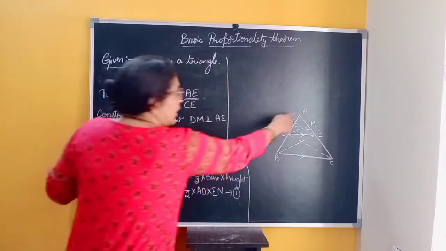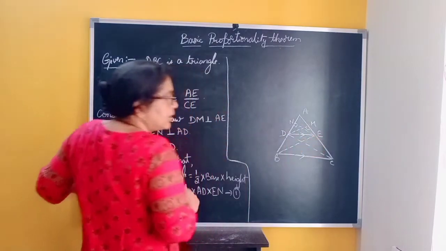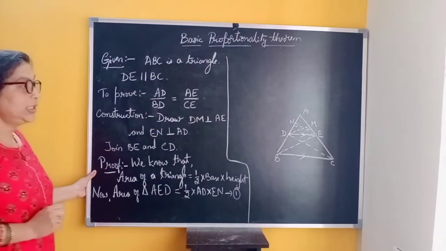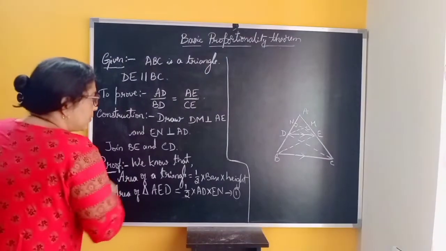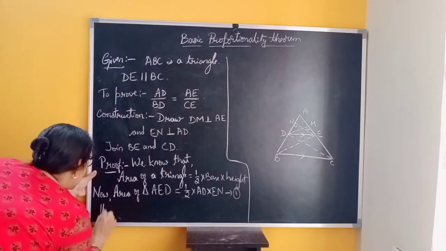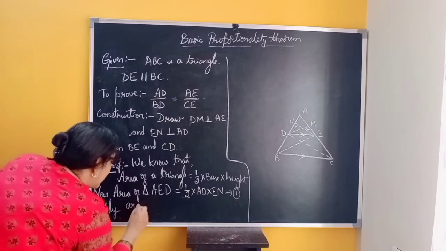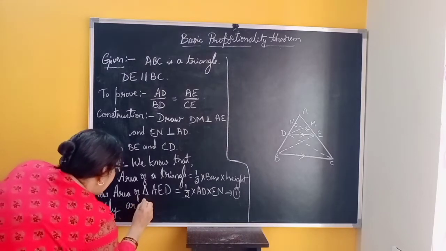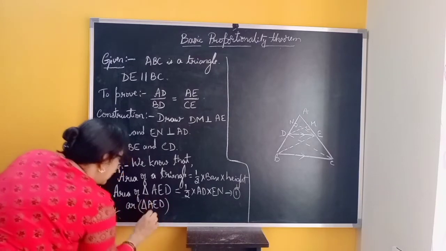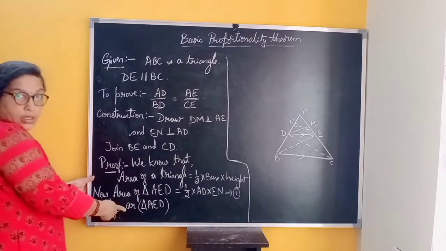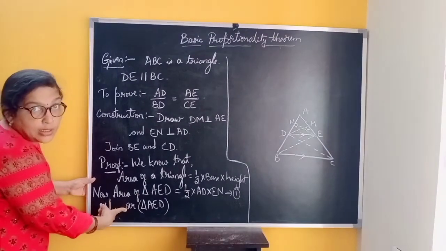Similarly, for the same triangle ADE, if you consider AE as the base, then which is the height or altitude? DM is the altitude. Similarly, area of the same triangle AED, we can represent area by writing just small letters AR, as you have learned in 9th standard.